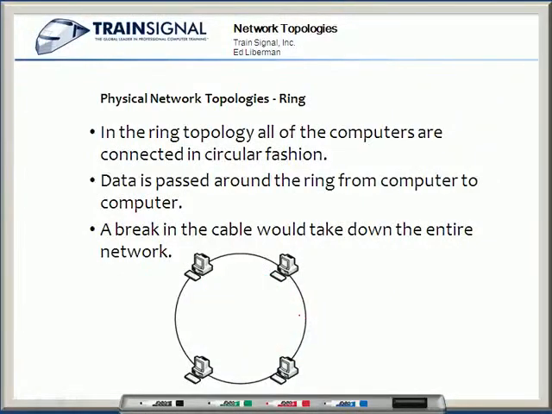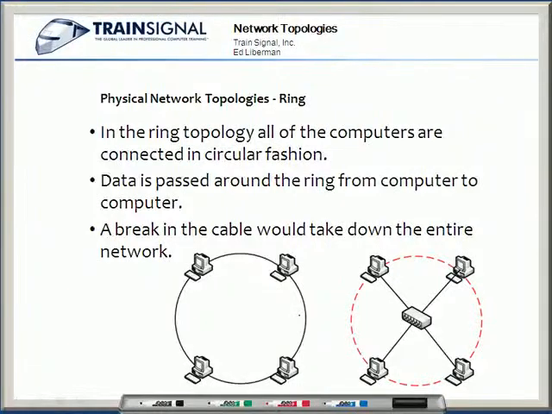Now, in the last video, I mentioned something called a token ring network. And I will tell you that a token ring network is the most common form of network that uses the ring topology. But guess what?